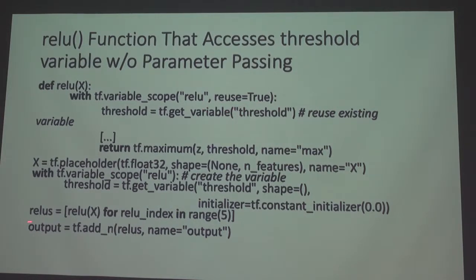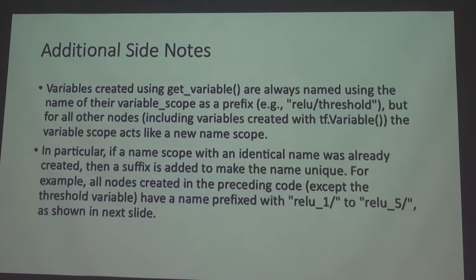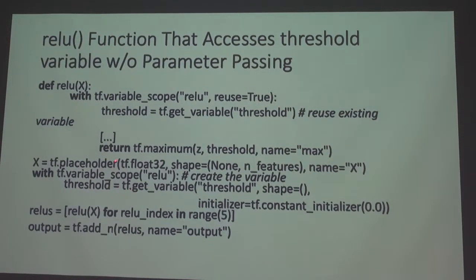So in here, you can just call the redo function and output the result of the redo addition. In addition, variables created using get_variable are always named using the name of their variable scope as a prefix. For example, like this, because we use redo as our name scope.